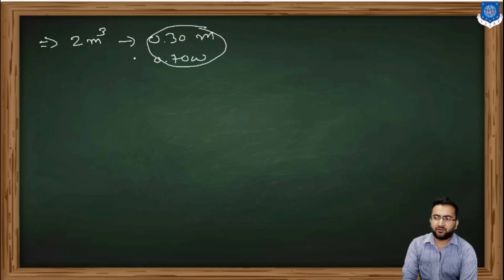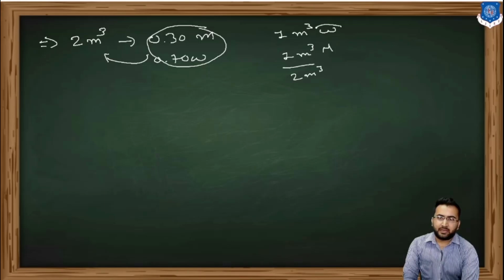We cannot just make the solution by adding 1 meter cube of water and 1 meter cube of methanol and get 2 meter cube, because when we mix two different components, partial molar properties come into action.